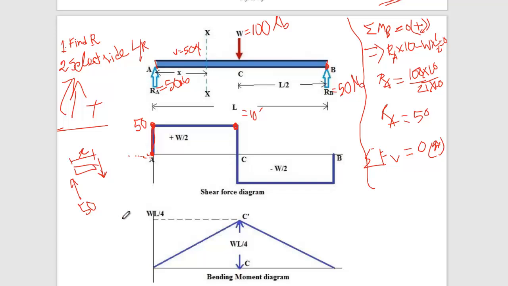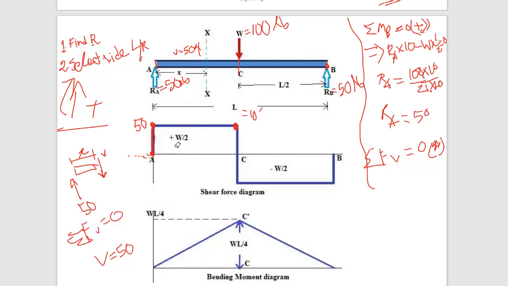This is V. If you take the summation of vertical forces, what does it mean? V equals to 50. Even just before W, if you take a section, you still get V equals to 50. That's why this force is constant.